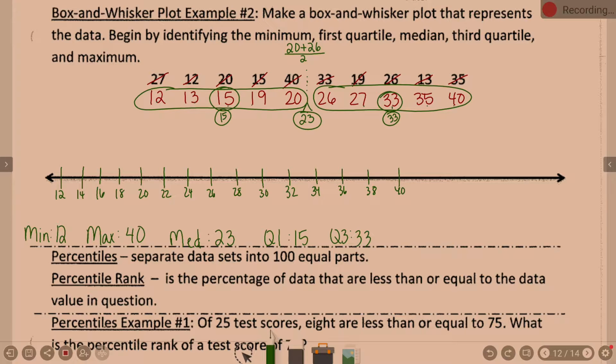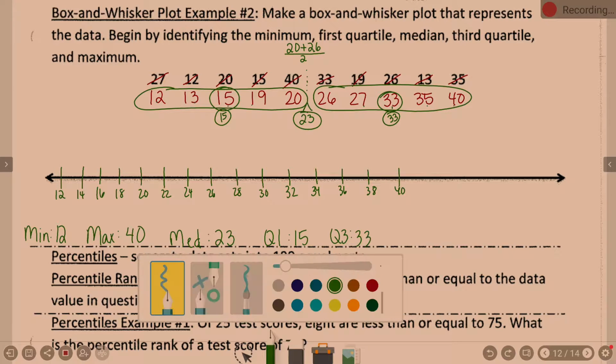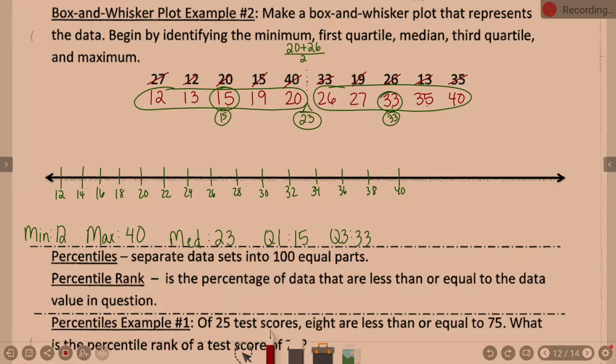Oh, who knows? Maybe we could have done every number along the way. Okay. Put your 5 dots, right?